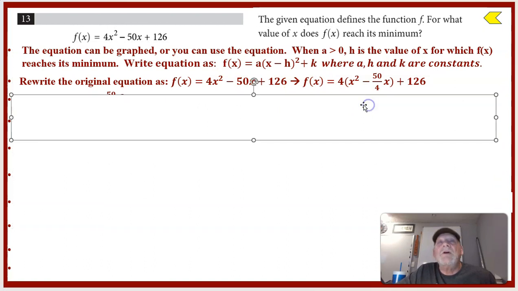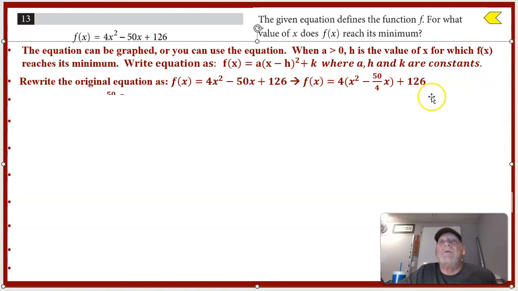So the only way I can do this is to break it into a factor and then add the 126 to it. So what we're going to do is take these first two terms and factor a 4 out of them so that I have an x squared here, not a 4x squared. I need an x squared for me to be able to complete the square. And that's an algebra topic.